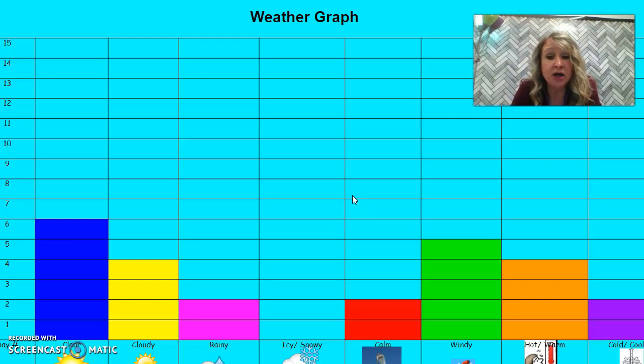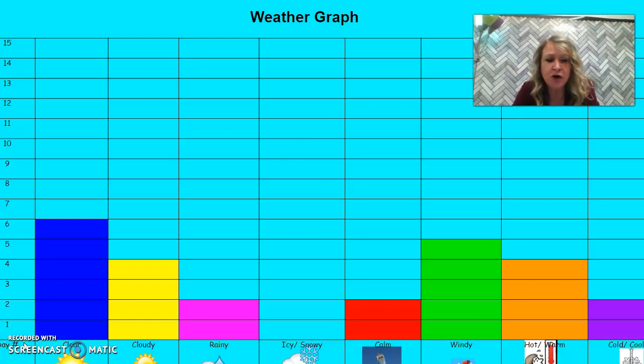Every day we colored in a new rectangle or a new bar to show what kind of weather we were having that day. Now let's look at this graph and see if we can analyze it. That means we're going to answer some questions about it.